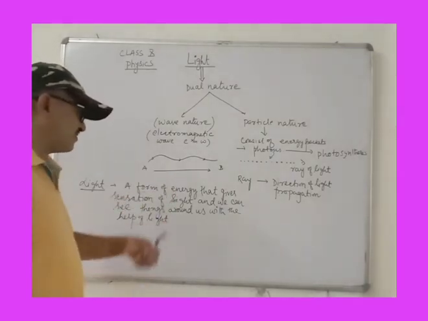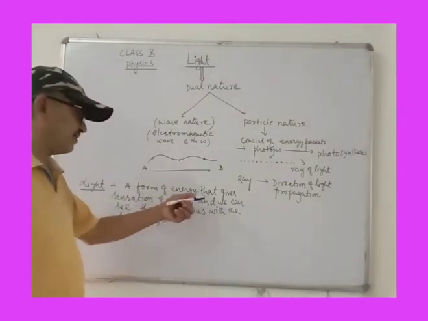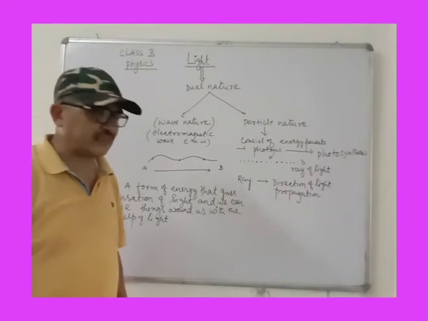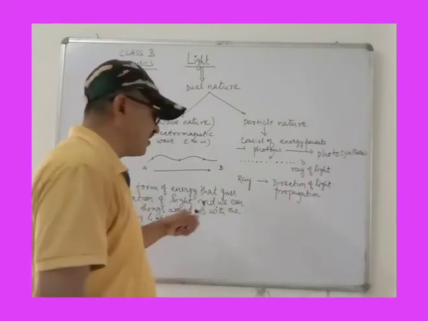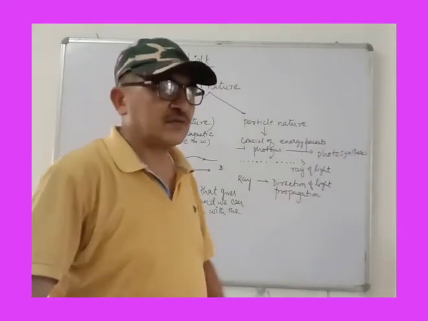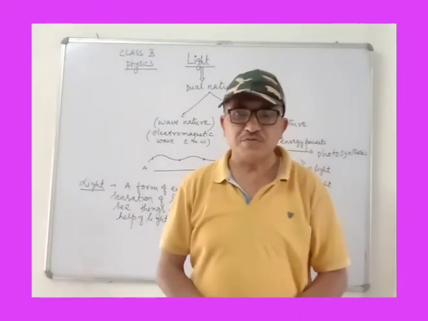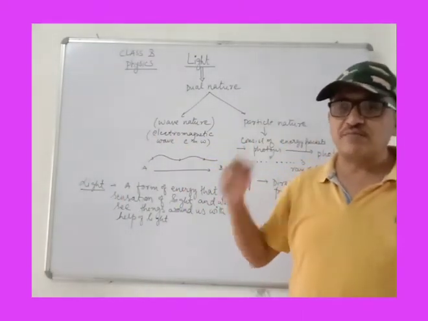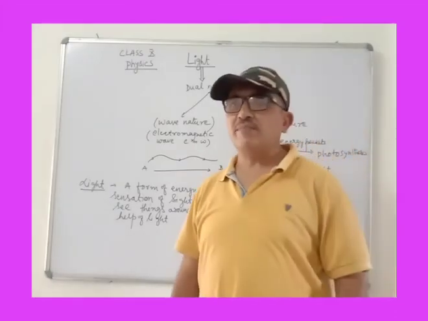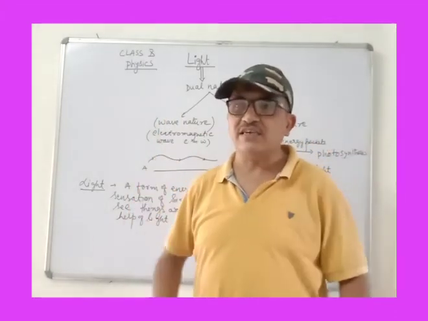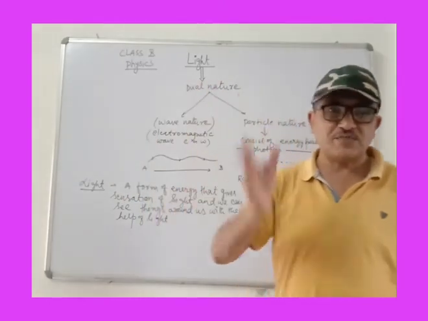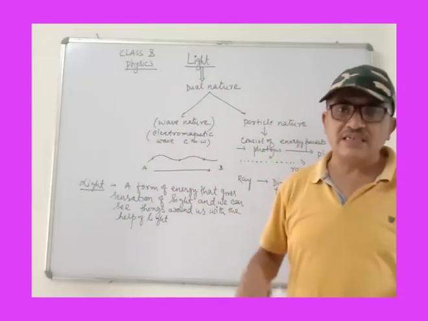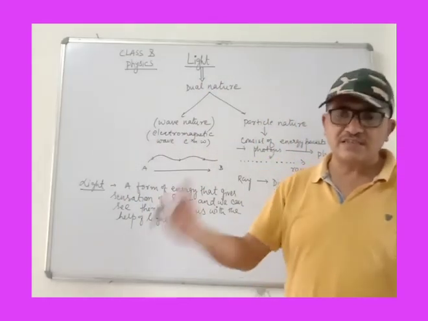Or it is a form of energy that gives us a sensation of sight and helps us, you can write like that also, and helps us to see the things around us. Whatever you can see around you, it is because of light. Maybe the light is coming directly from a luminous body, or maybe the light is striking a surface, striking an object and returning to us, and we can see those objects.